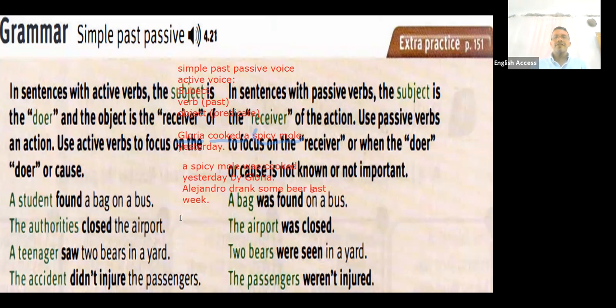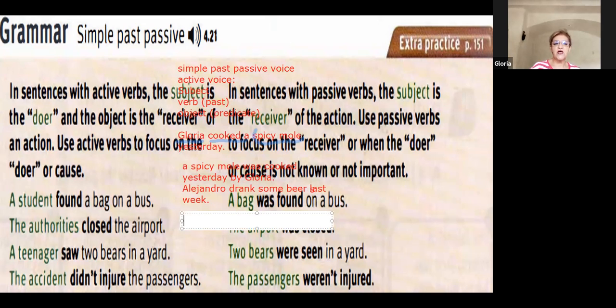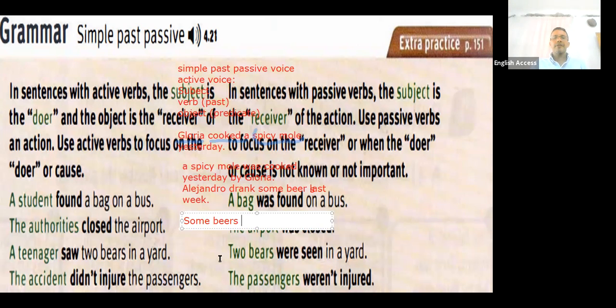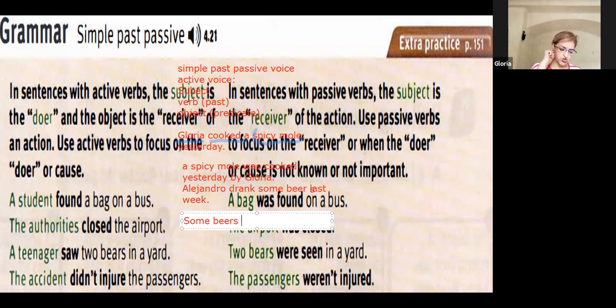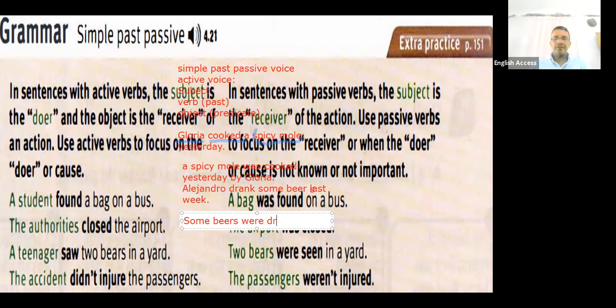So how would you change this into passive voice? Let's see, who wants to do it? Some beers was drunk. Remember, Gloria, you need to pay attention first. Sorry. Some beers were drunk by Alejandro last week.